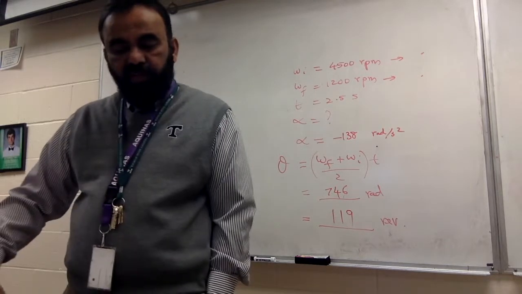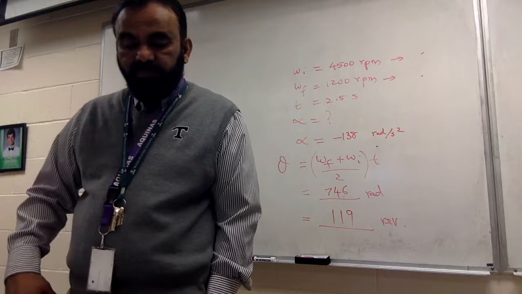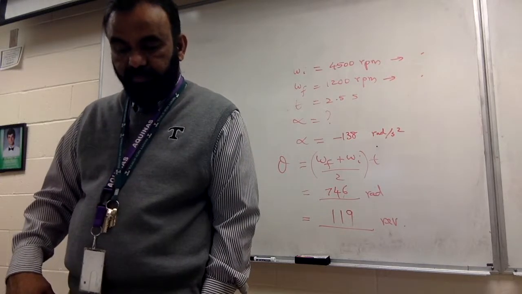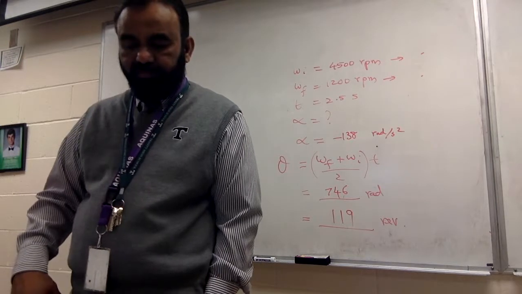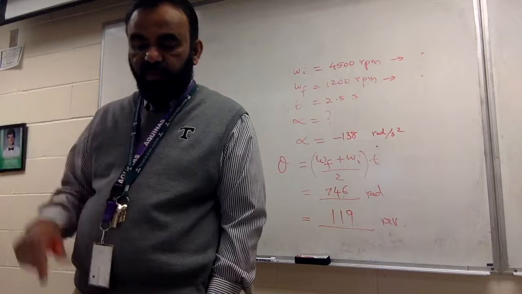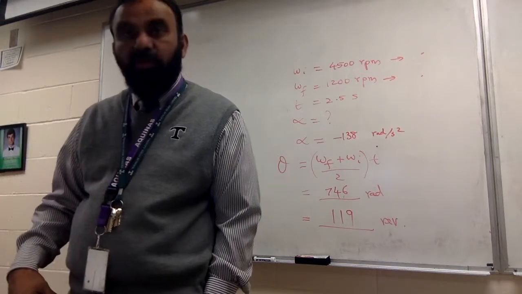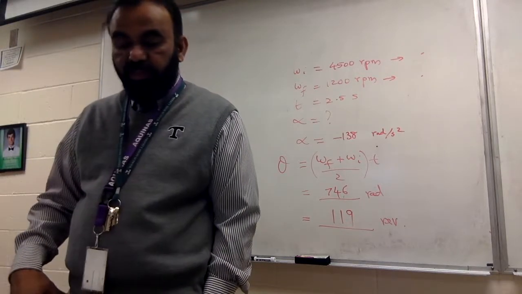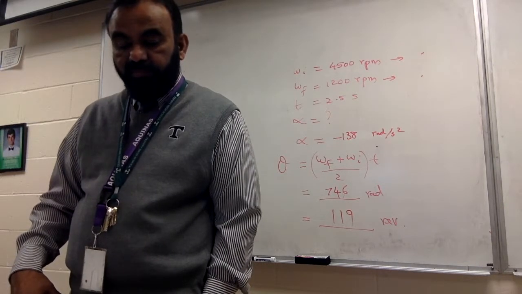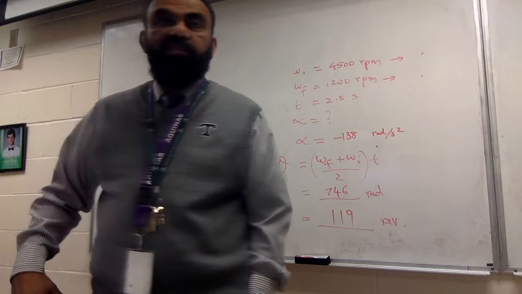A 55 kilogram person riding a bike puts all her weight on each pedal when climbing a hill. The pedals rotate in a circle of radius 17 centimeters.